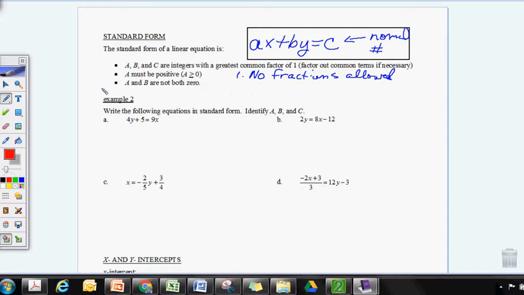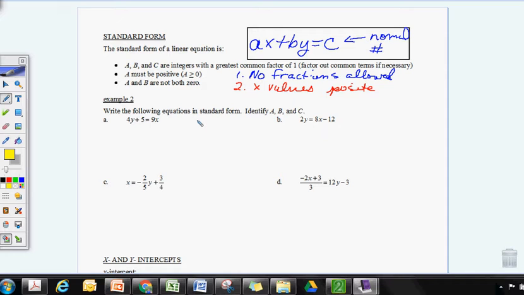For the second one, it says A must always be positive. Rule 2 is that x values must be positive. And rule 3, A and B are not both 0.